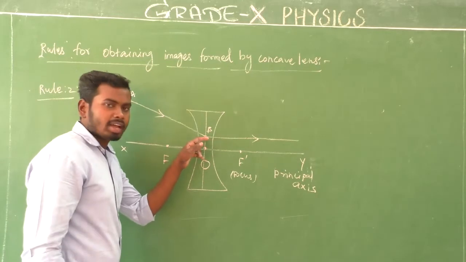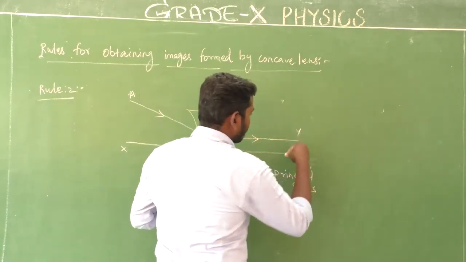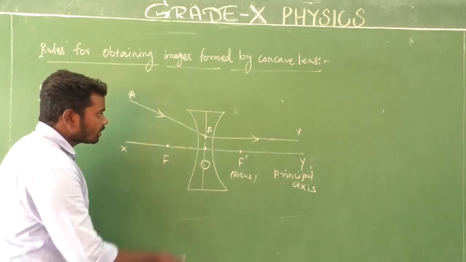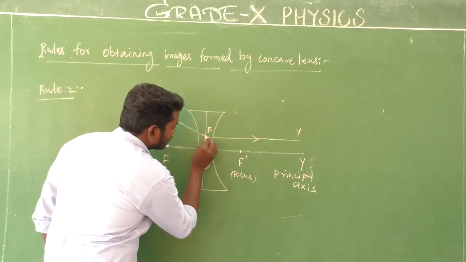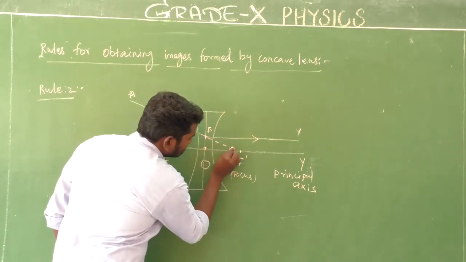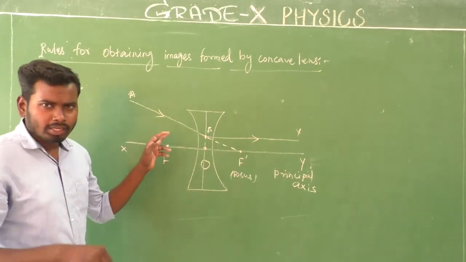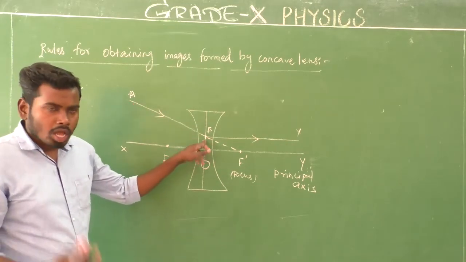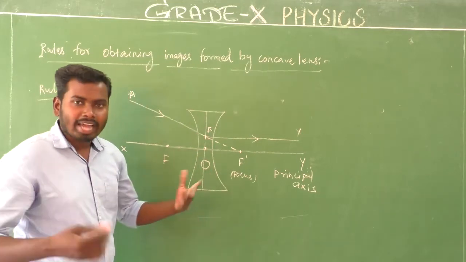So after refraction, the direction of the ray of light changes, then it becomes BY. BY is the refracted ray. Is it clear? But it appears to be going towards the focus like this. But actually the ray of light AB cannot go through the focus because a concave lens is a diverging lens.